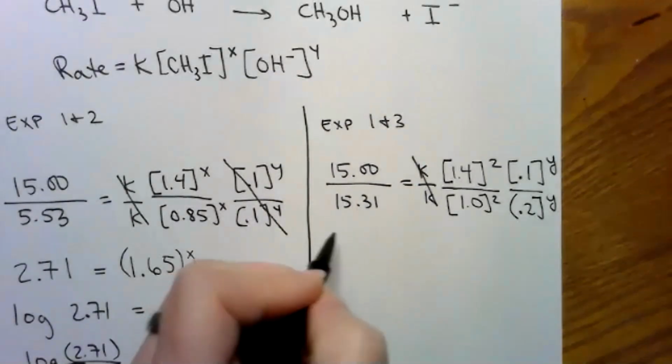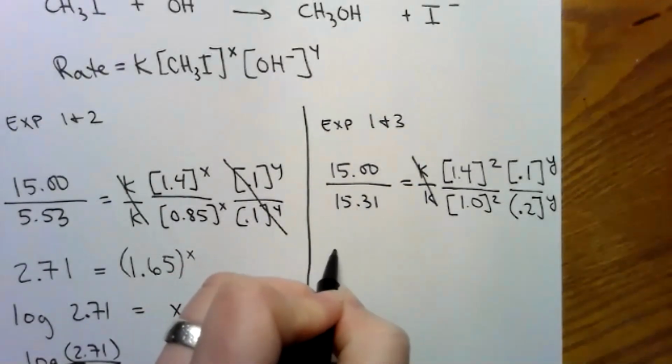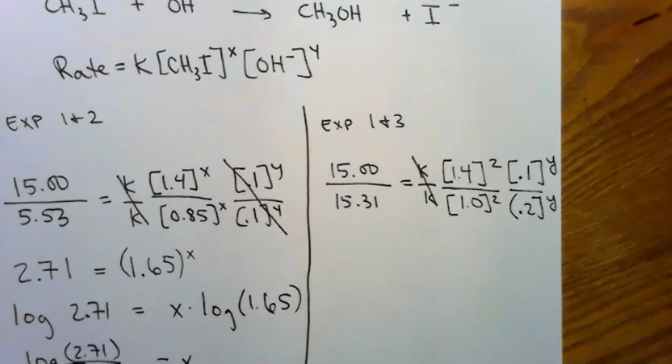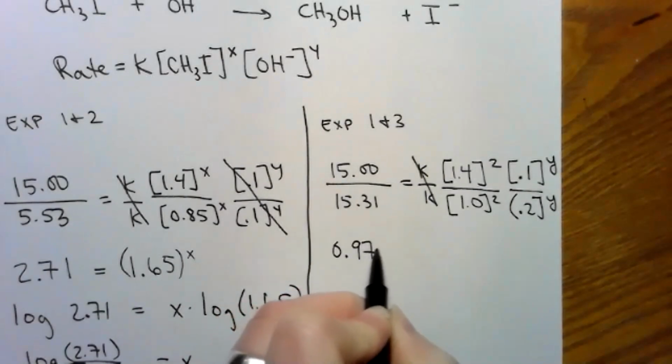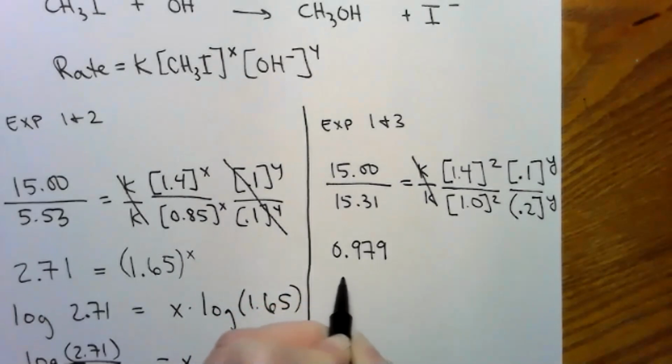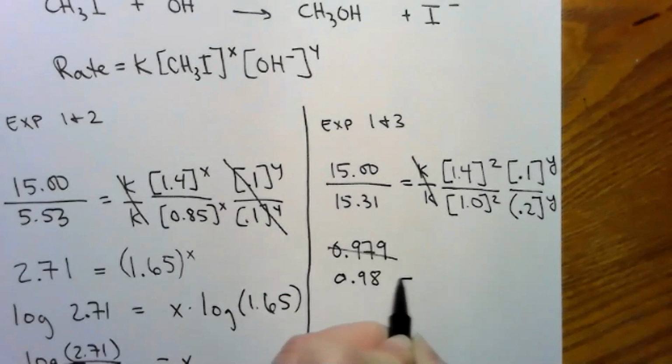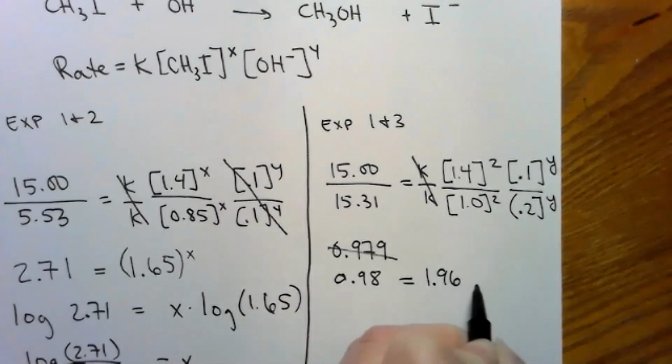Simplify my math and I got 0.979, really 0.98, equals 1.96 times 0.5 to the y.